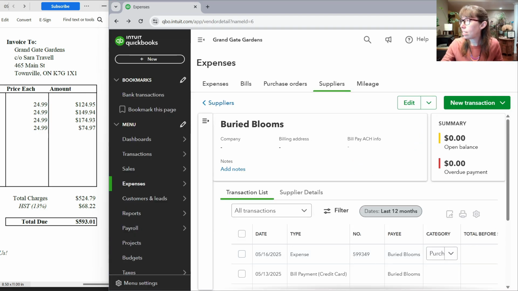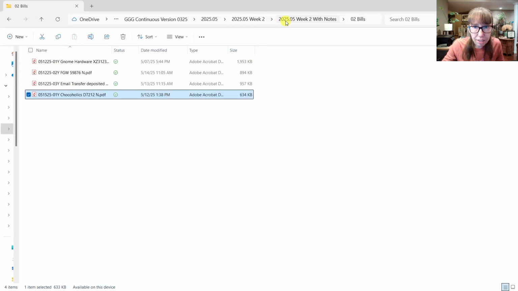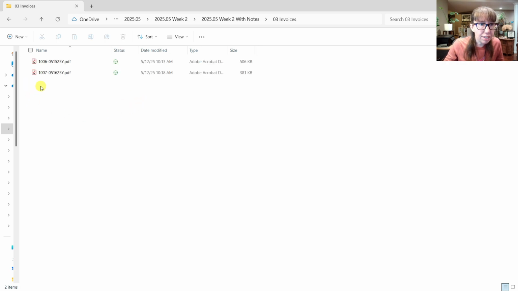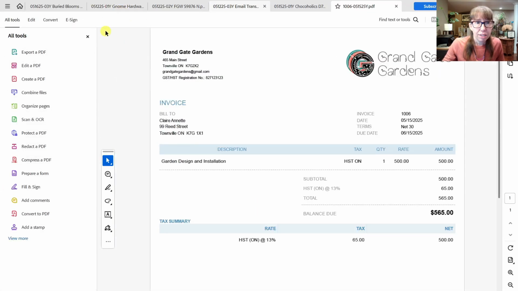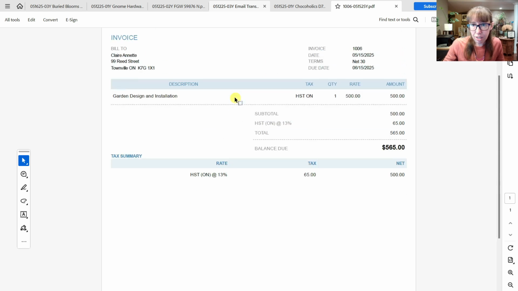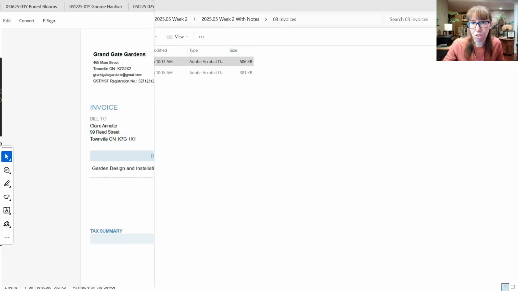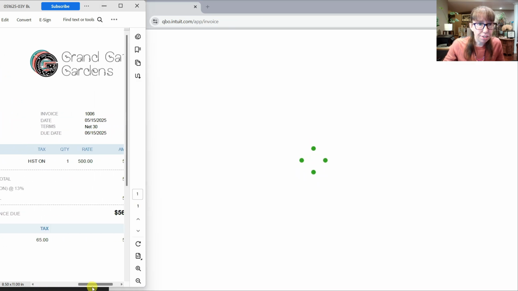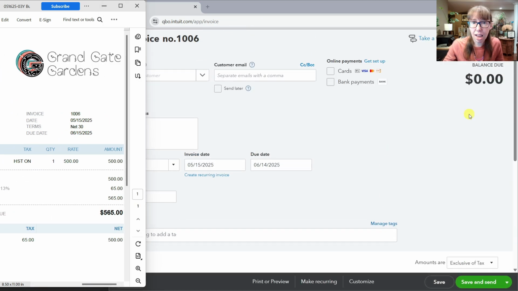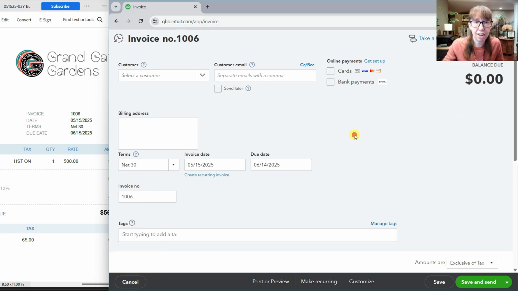Let's see what's next for us to enter. We got the invoices. There's a couple. Let's put them in. This first one is just an invoice, there's no real notes, but we can just go ahead and enter this. New invoice. This invoice number is 1006, and 1006 is next in line. Perfect.